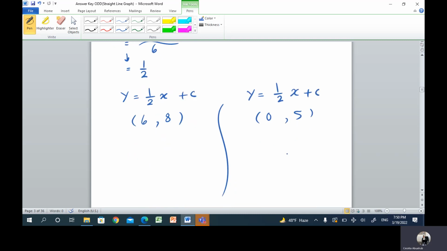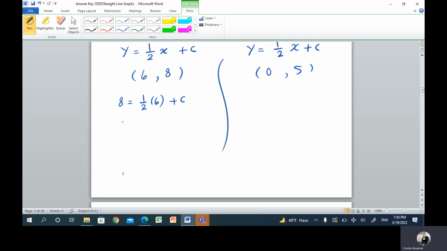So let's substitute the x and y in the equation. So y here is 8, equal to half, x is 6, so half times 6 plus c. Let's simplify, so it will be 8 is equal to 3 plus c, minus 3 minus 3, so c is equal to 5.